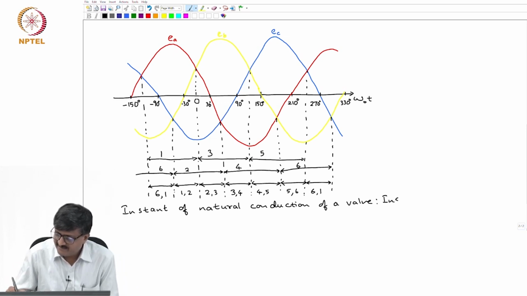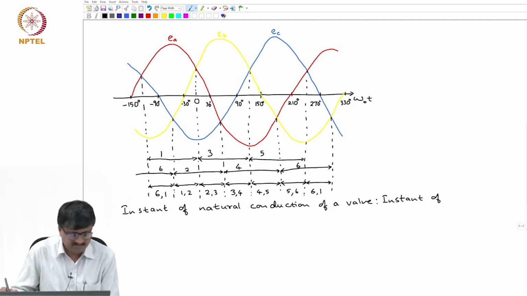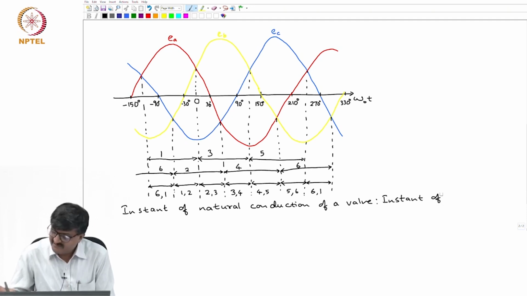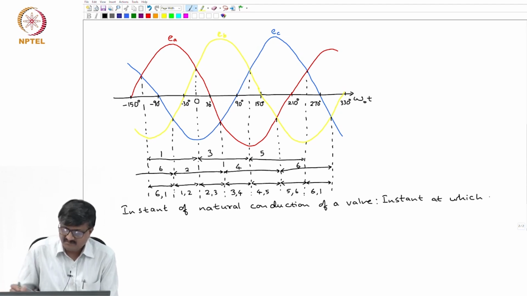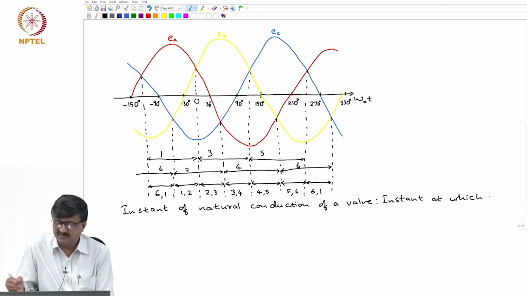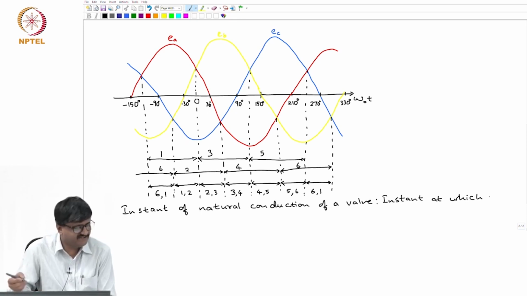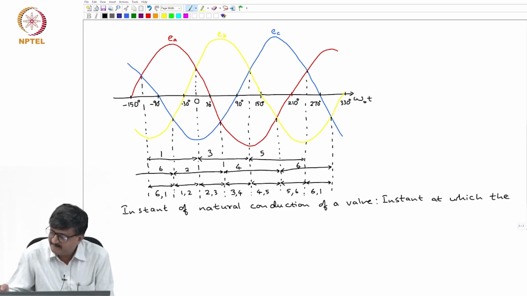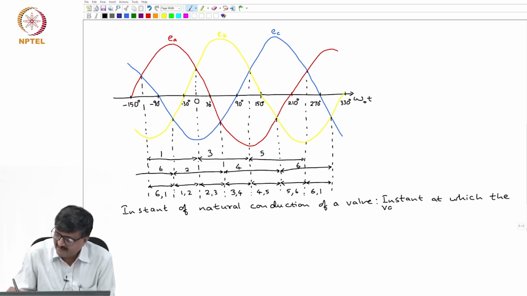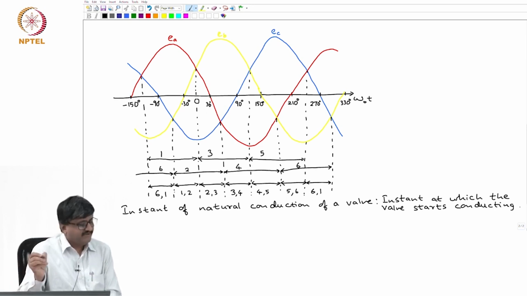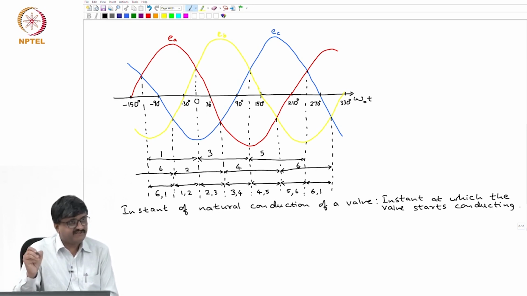So, this is the instant at which. So, please note this is defined for each and every valve, all the 6 valves. So, if I take one particular valve, the instant of natural conduction of that valve is nothing but the instant at which the valve starts conducting, provided I give continuous gate current.